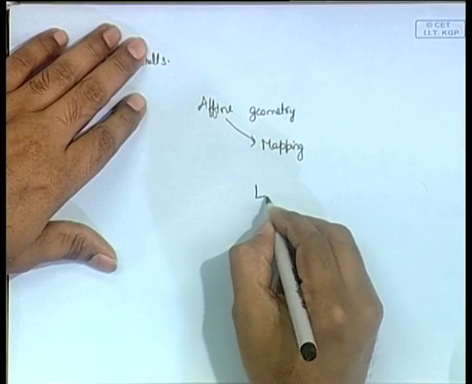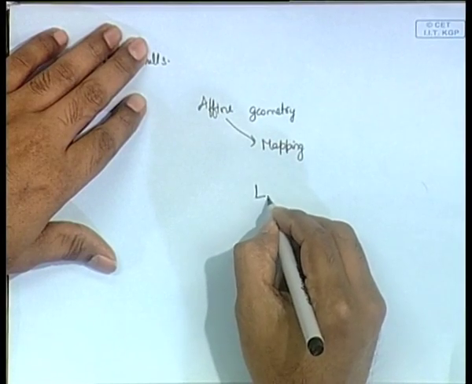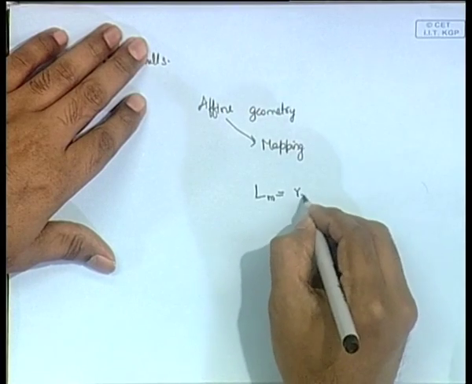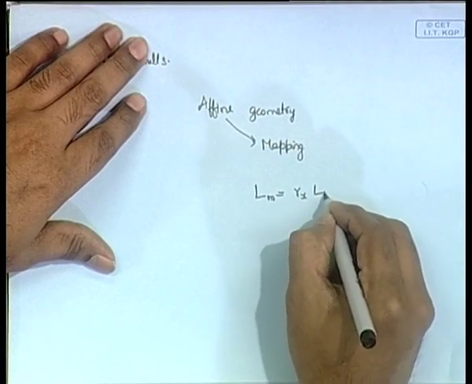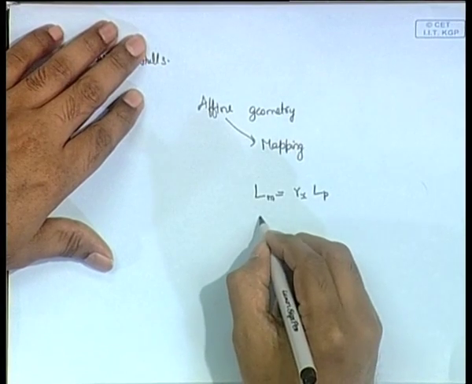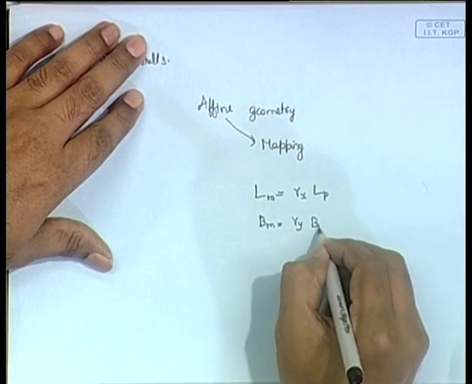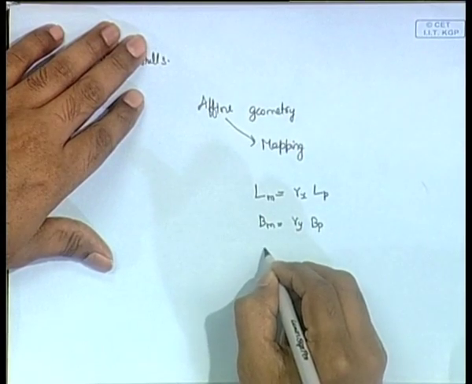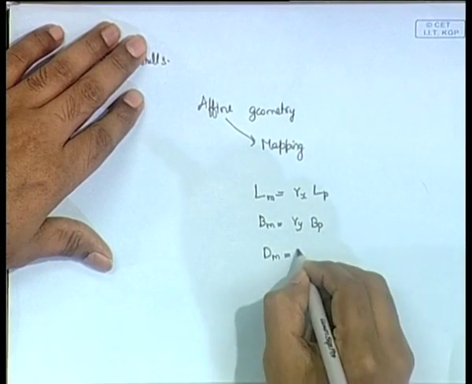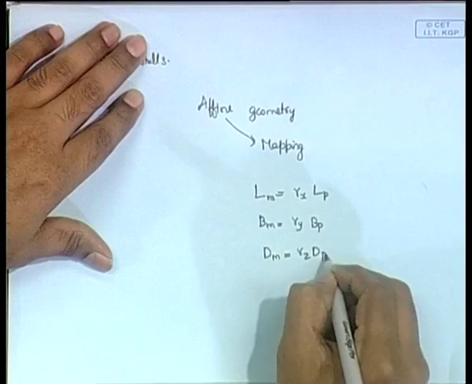Now suppose I make a new hull such that the length of the model is r x times the length of the prototype, the breadth of the model is r y times the breadth of the prototype, and the depth of the model is r z times the depth of the prototype.